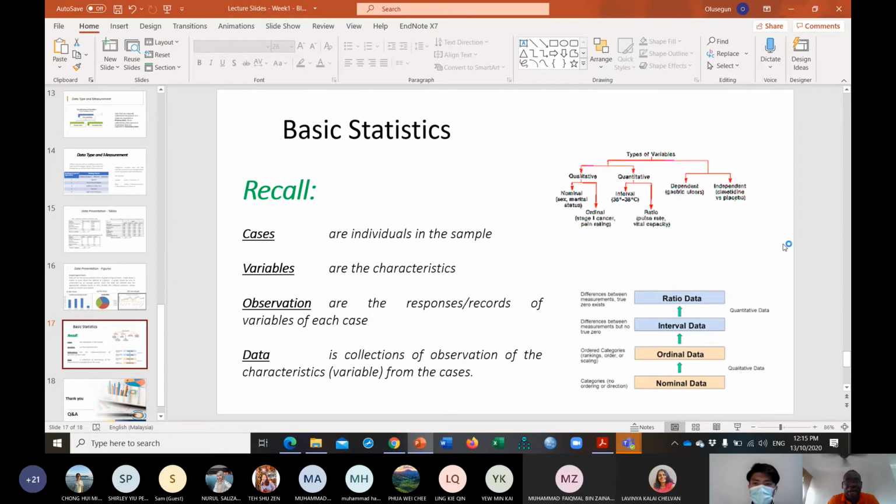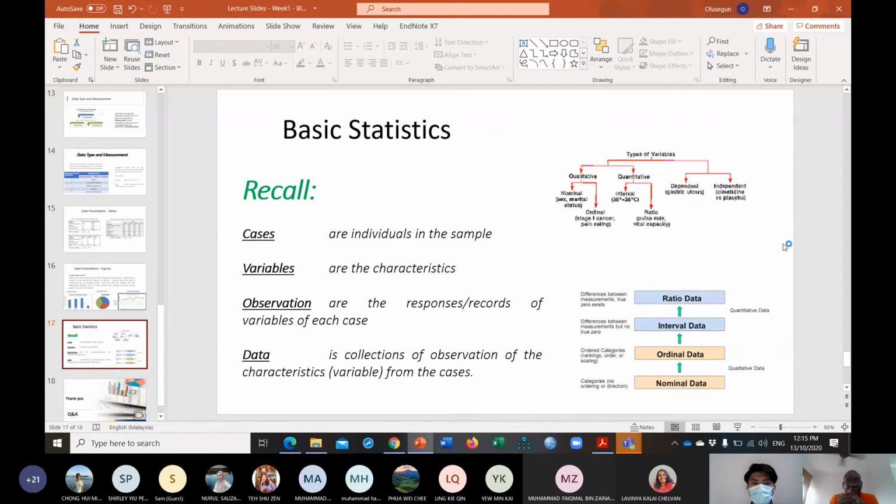We said cases are individuals in a sample. So when I have a sample of UM students as your class, each one of you becomes a case in the sample, while the whole class of BIX1004 is a sample representing students in Alambina.